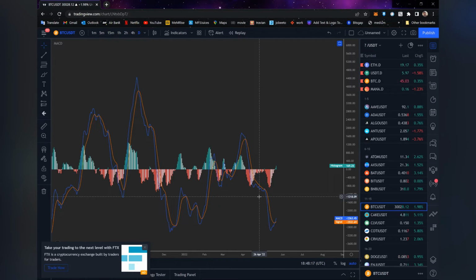Then it takes the difference in value between those two moving averages, the MACD line, and an EMA of those moving averages, the signal line, and plots that difference between the two lines as a histogram which oscillates above and below a center zero line. The histogram is used as a good indication of a security's momentum.